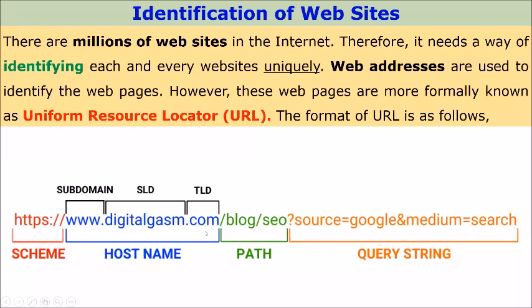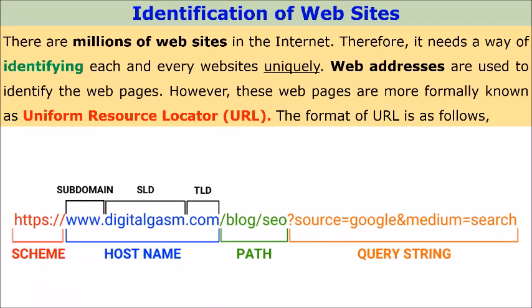In this example, the second level domain is Facebook, that's the name of the URL. The top level domain is .com. We use .com to identify for which purpose that particular URL is published. .com is given for commercial purpose.